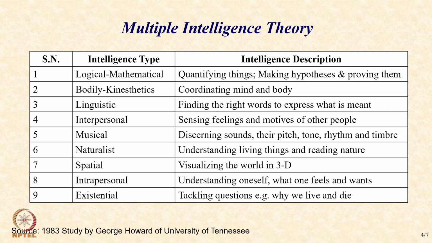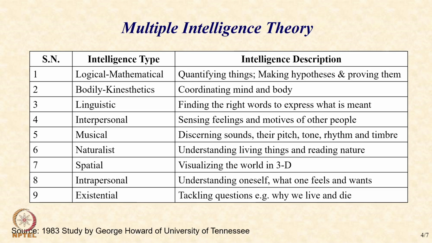Then there are people who understand themselves and their own feelings and wants. They have what is called intrapersonal intelligence. And then there is one more called existential, where people are tackling questions like why we live, die, spiritualism, philosophy of life, universe, all that comes.